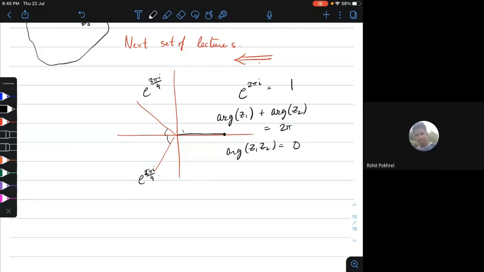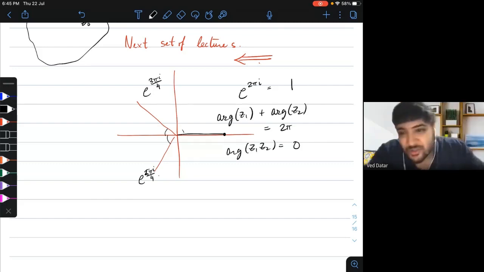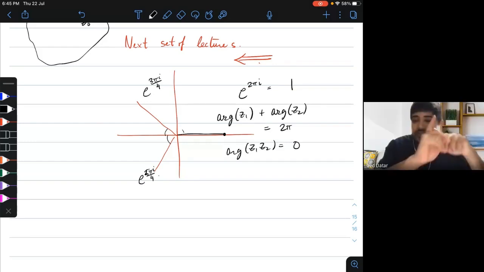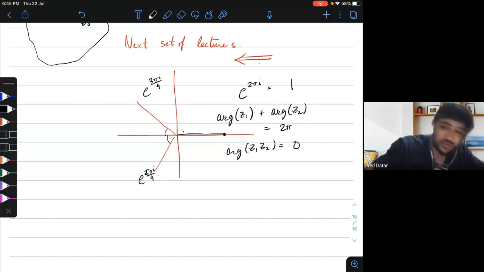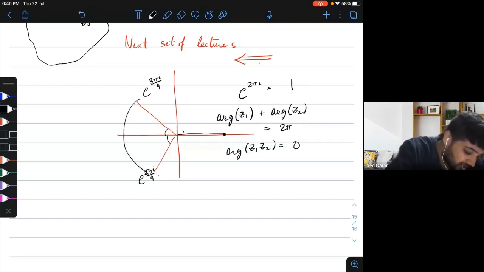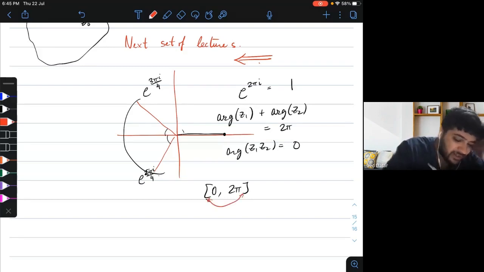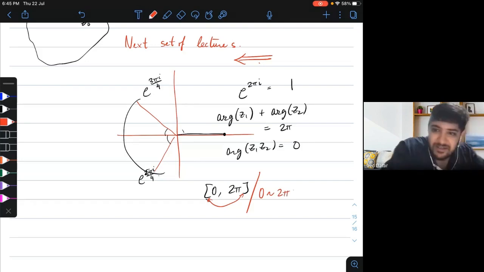Yes, sir. Actually, if we make some equivalence relations, then it will make some sense, no? Yeah, that's actually right. That's a good point. What do you mean by an equivalence relation? If you take the interval 0 to 2 pi, you make the equivalence relation by identifying these two endpoints, so you say that 0 is equivalent to 2 pi.